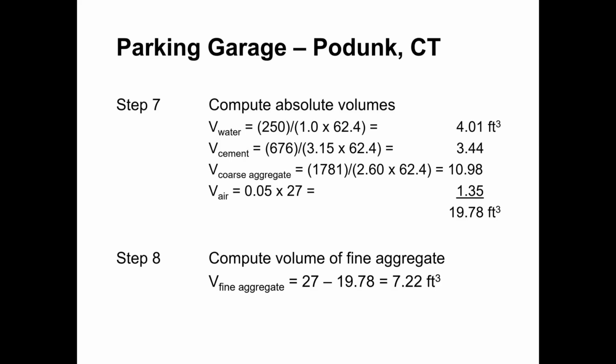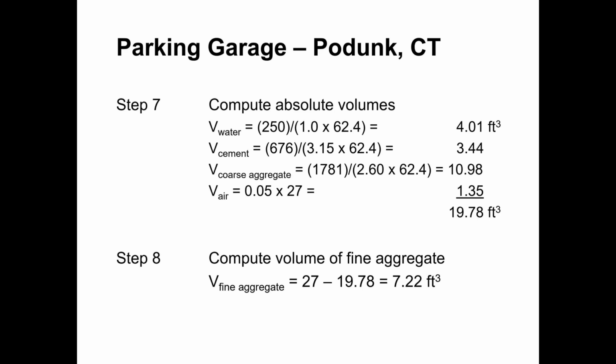So we add up all of these volumes, we get 19.78 cubic feet. Subtract that from 27, and that gives us 7.22 cubic feet, which is the volume of the fine aggregate that we need to use. All right, so at this point we have our water weight, our cement weight, our coarse aggregate weight, and our fine aggregate volume.